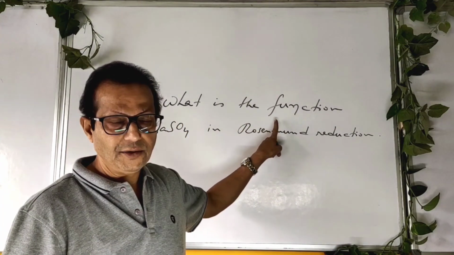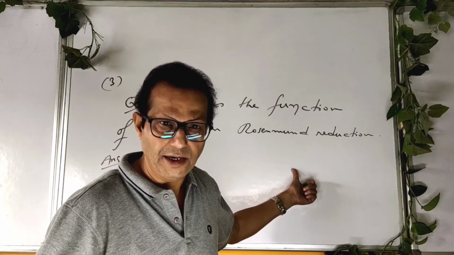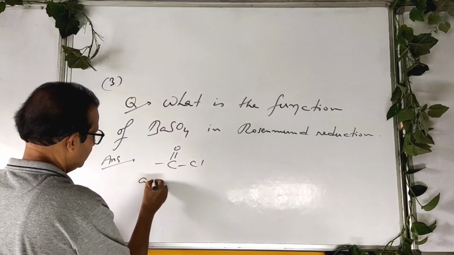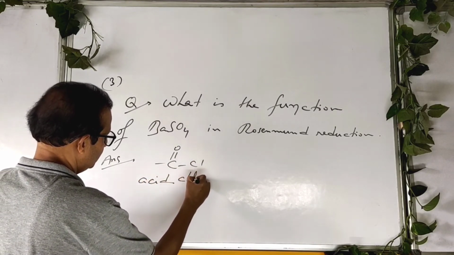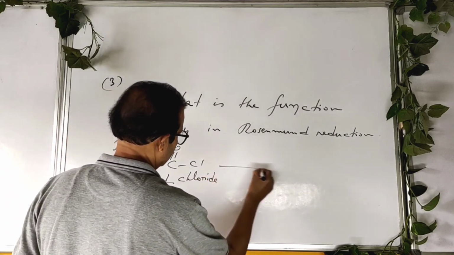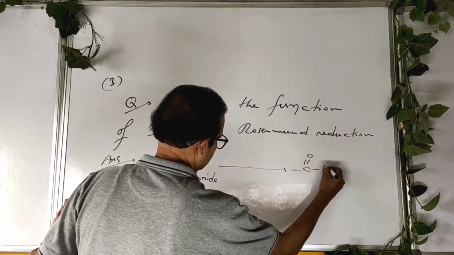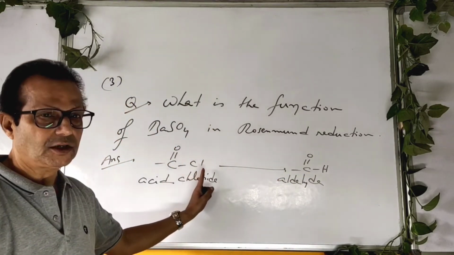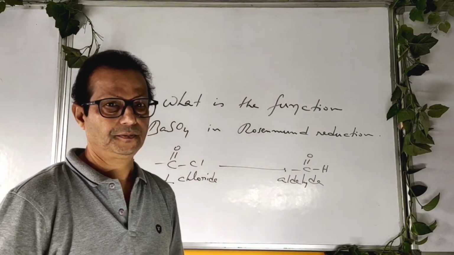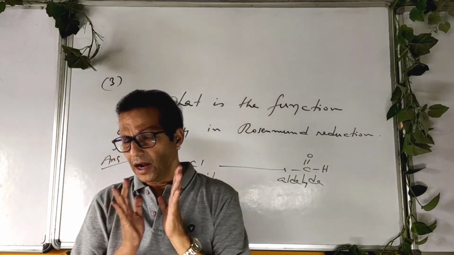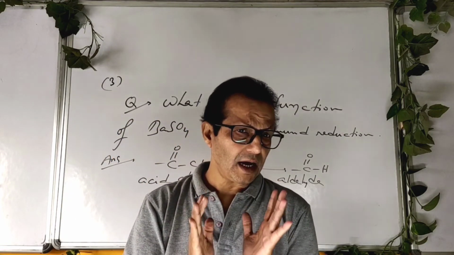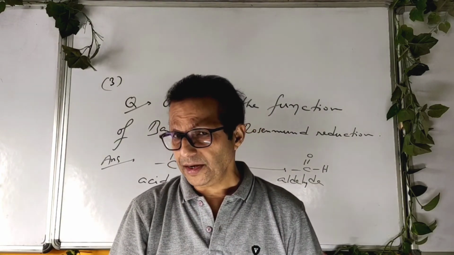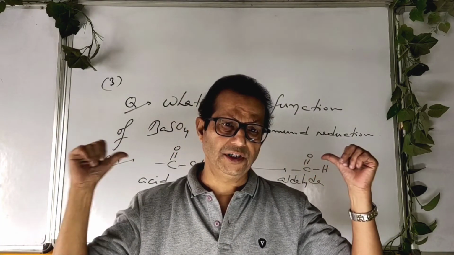Understand it. You know that during Rosenmund reduction, acid chloride will change into aldehyde. But remember it, aldehyde can undergo further reduction to give primary alcohol under the reductive condition.